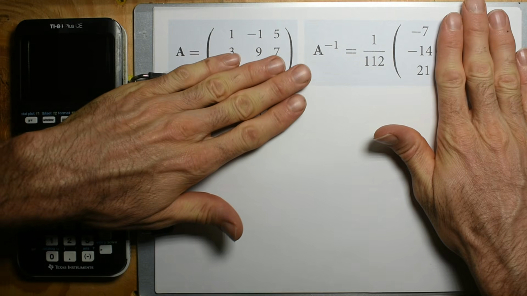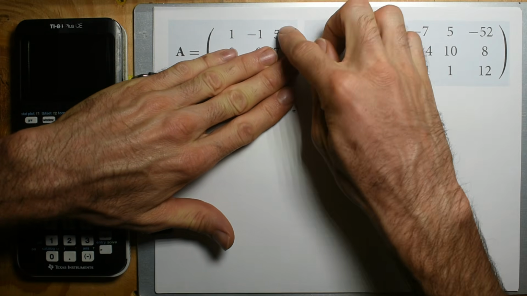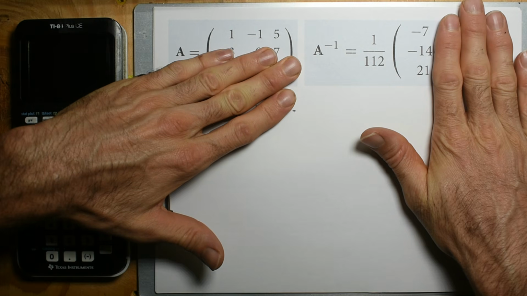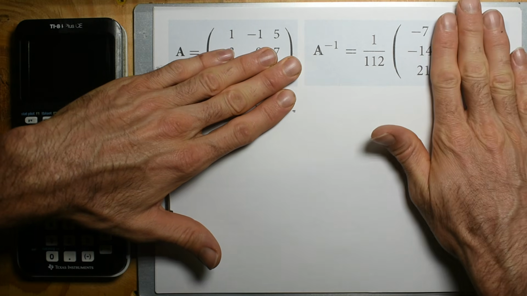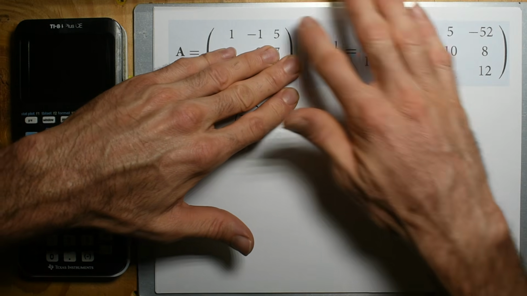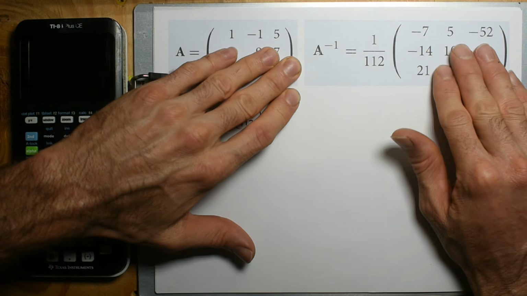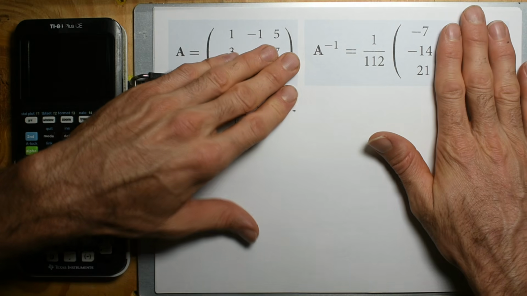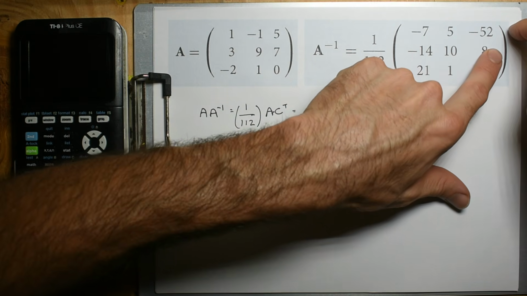So had we just multiplied this one row times this one column, we only get one value, because 1 times -7 plus -1 times -14 plus 5 times 21 is just one value. And if I did multiply those, they would just go into that upper value.